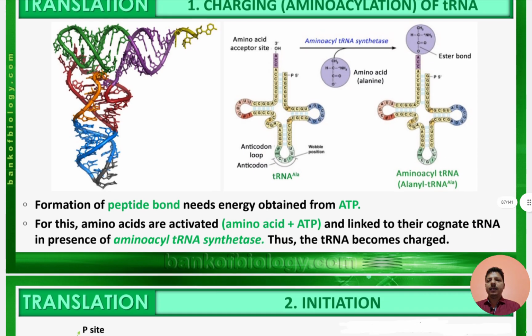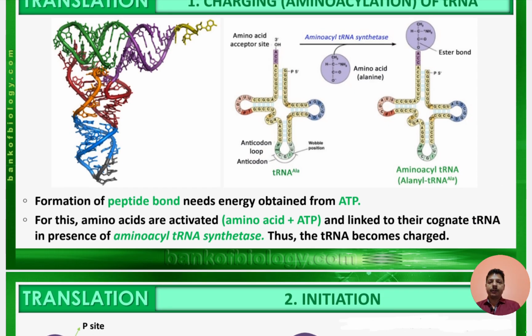What happened here? Formation of a peptide bond needs energy, obtained from ATP. From this, amino acids are activated: amino acid plus ATP is linked to its cognate tRNA in the presence of aminoacyl tRNA synthetase. Thus, tRNA becomes charged.